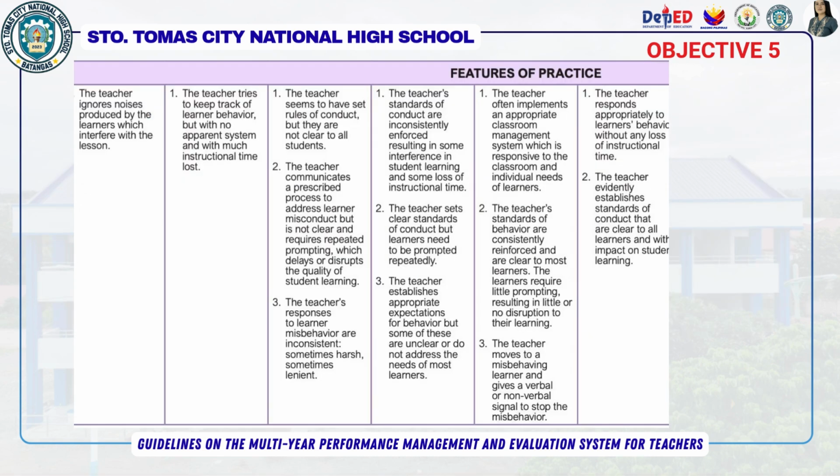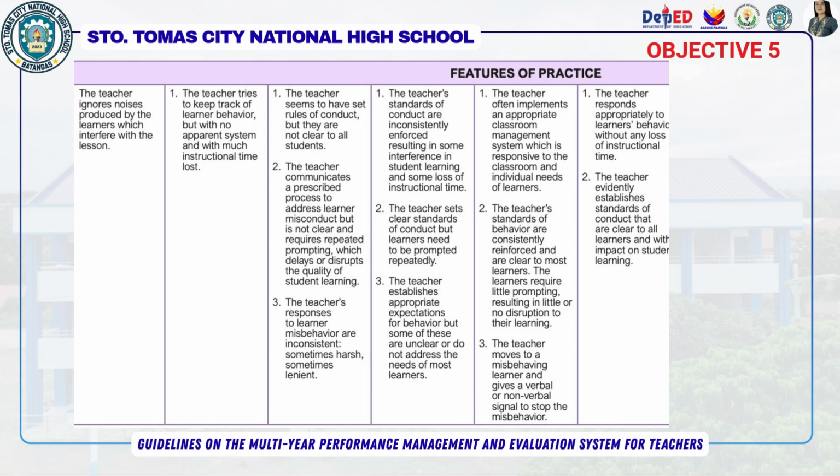The features of practice provide clear benchmarks for behavior management. Avoid level 1's mistake, ignoring noise or misbehavior. Instead, establish clear standards of behavior that are consistently reinforced and known to most or all learners.